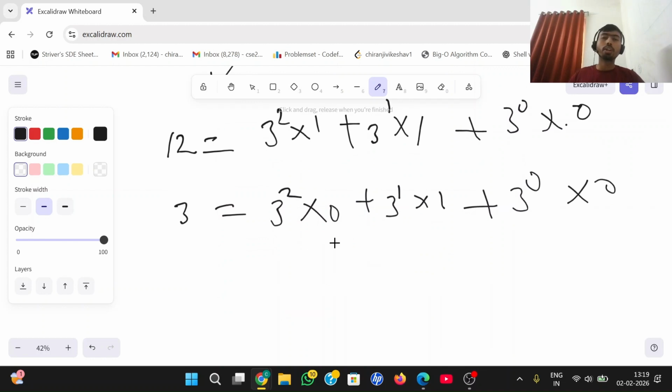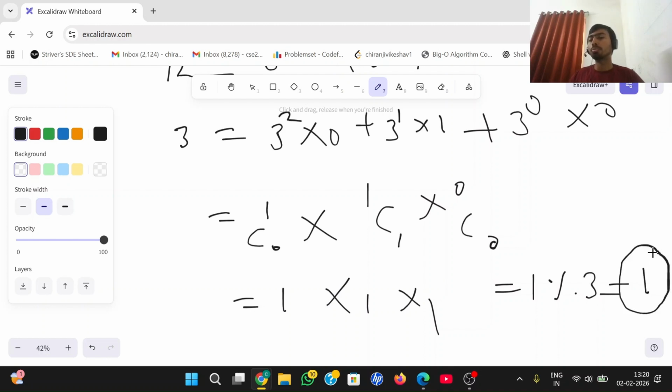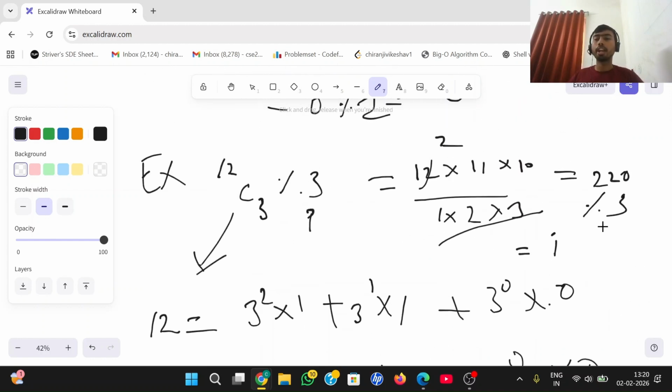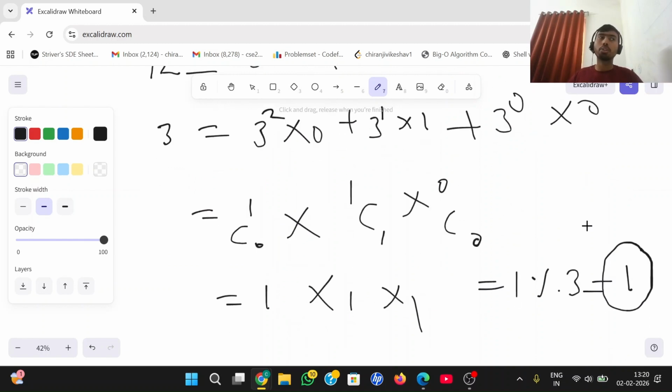What are the coefficients? 1 and 0 here, 1 and 1 here, and 0 and 0 here. So let's write the expression 1C0 multiplied by 1C1 multiplied by 0C0. The value of this is going to be 1 multiplied by 1 multiplied by 1, which is 1, and 1 modulo 3 is 1. So here we can see that using Lucas theorem we get 1, and using direct computation we got 1.